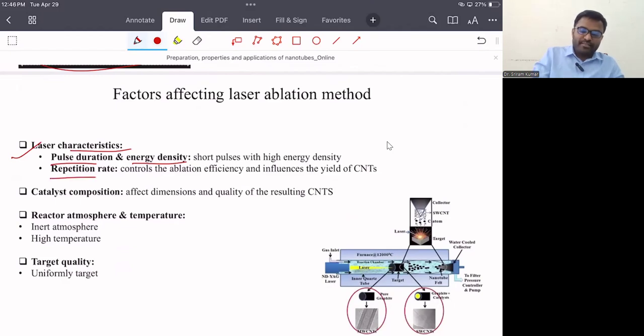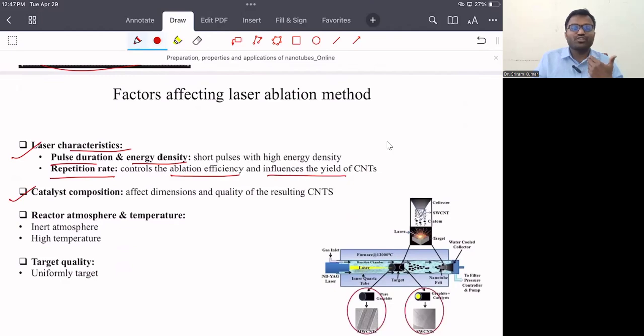And the second important one is the repetition rate, and that controls the ablation efficiency and influences the yield of the CNT. So it is very important to optimize the laser parameters in terms of the pulse duration, energy density, repetition rate.